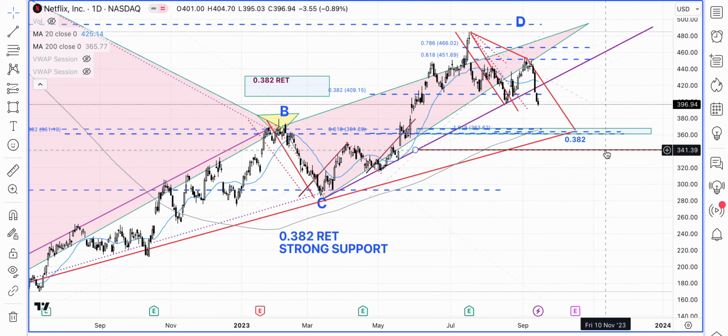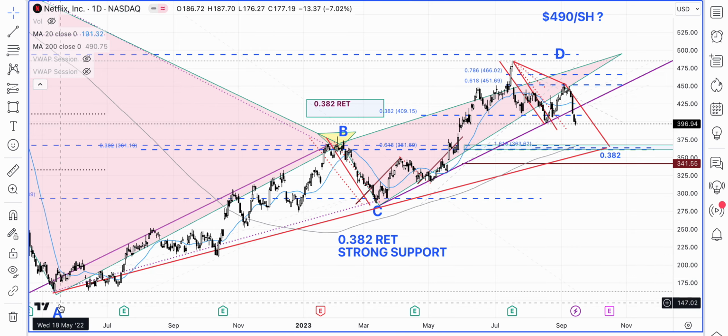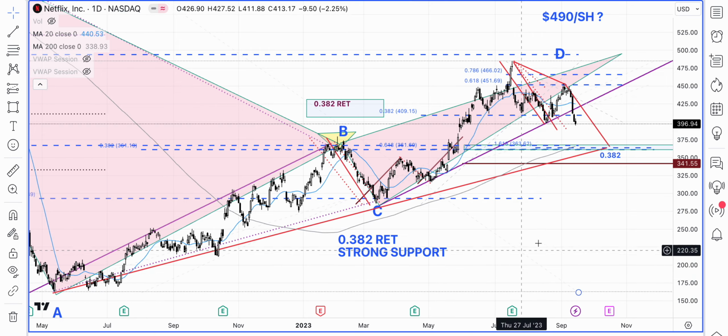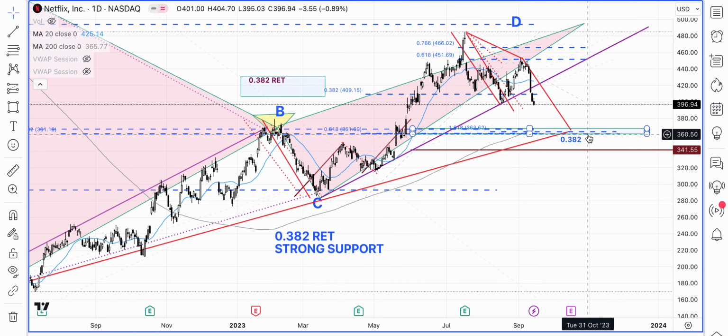So this is the $360 per share level that we are watching. The reason is that it will also be the 38.2% Fibonacci retracement from the lows back in 2022. A really key one. There's also a trend line coming right into it. So a number of things are coming together, a confluence of different ratios and patterns, around $360 per share. So this is going to be a really key one, and we'll be watching this really closely.